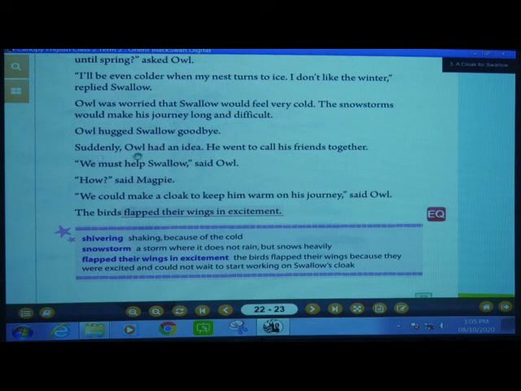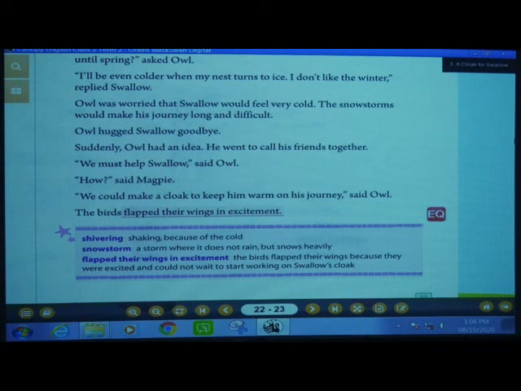Suddenly, owl had an idea. He went to call his friends together. So while saying goodbye, suddenly owl got an idea. What is the idea about? So to put that idea into action, what did he do? He went to call his friends together.